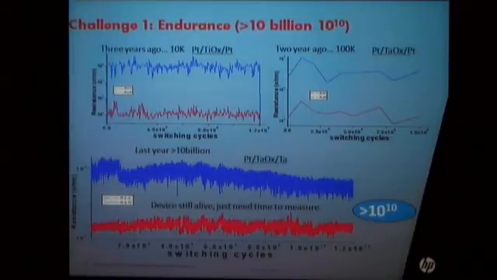About 2 years ago, we improved the endurance by 10 times, and we further improved the device structure by changing the materials, and we get easily over 10 billion switching cycles from the device. Actually, after 15 billion switching cycles, the device is still switchable, still functioning. It just takes longer to get a higher endurance measurement. So as you can see here, the material system plays an important role in the endurance property.